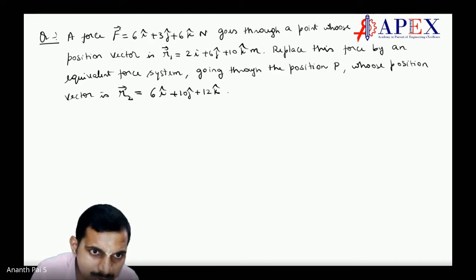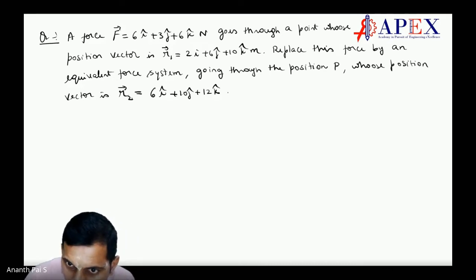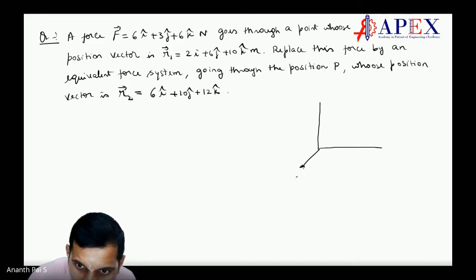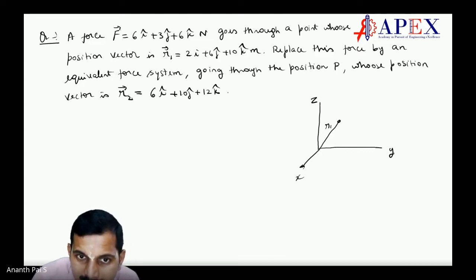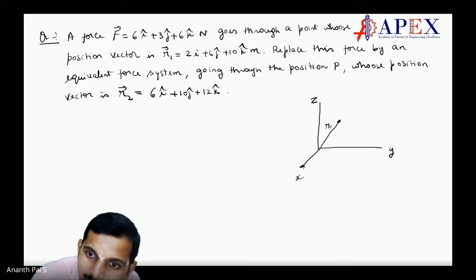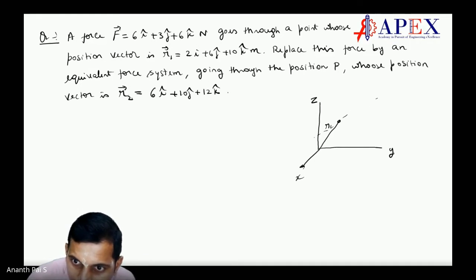Now the question is, you have a force somewhere, which is 6i plus 3j plus 6k, and this has to act somewhere at another point. Let us use the same XYZ. So we have R1, which is equal to 2i plus 6j plus 10k, and along this there is a force acting along that line.